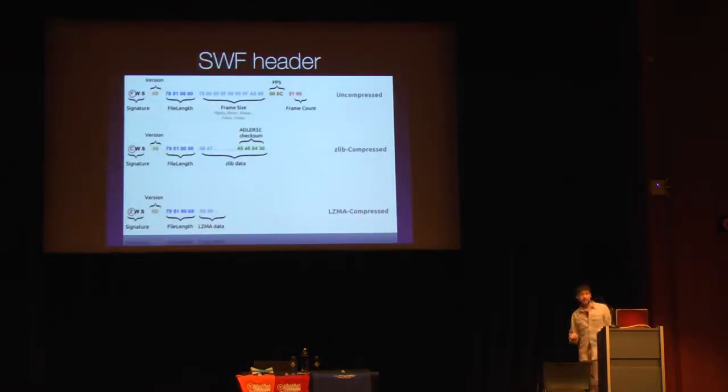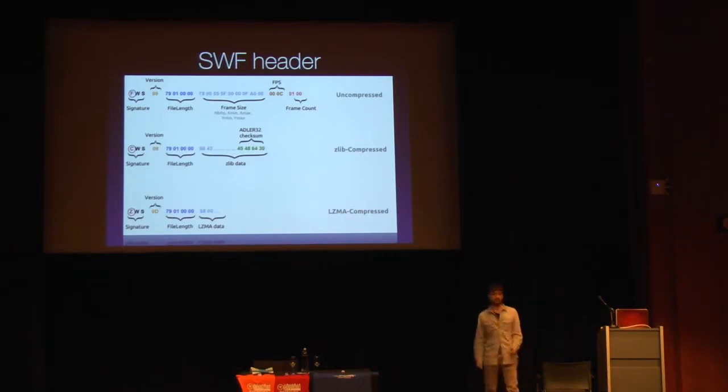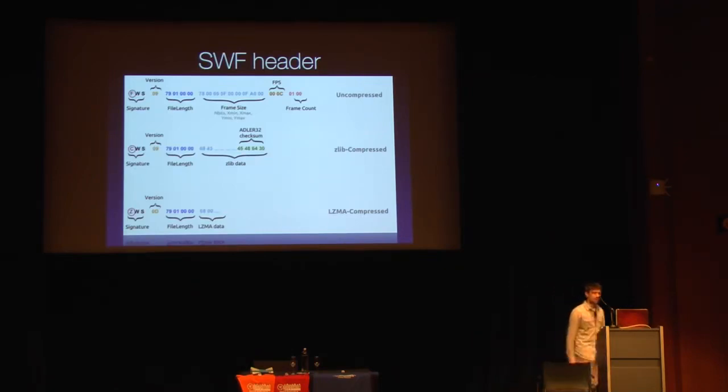So, a step back now. This is basically how a SWF header looks like. There are three types of Flash files: an uncompressed one, a zlib compressed one, and an LZMA compressed one. It first starts with SWF reversed, FWS, or CWS if it is compressed with zlib, or ZWS if it is LZMA.